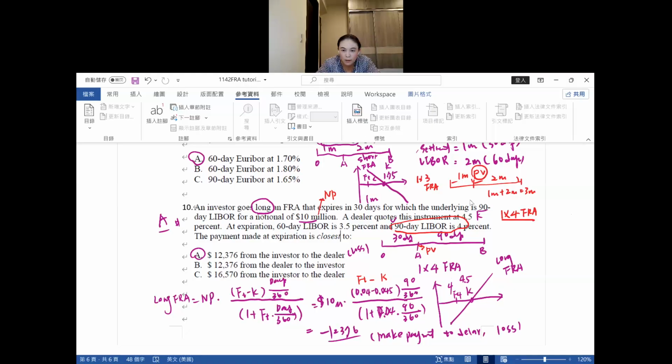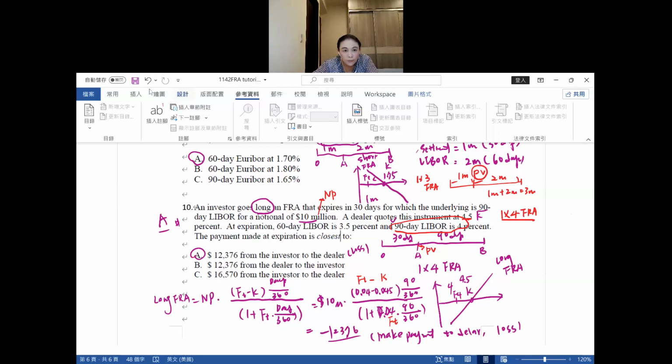And then times the days, 90 over 360 days. And then divided by 1 plus, remember, that's the FT as well, 4%, times 90 over 360. So the answer is 12376. Okay, that's our answer for this question here.